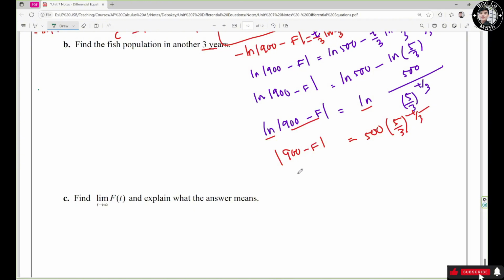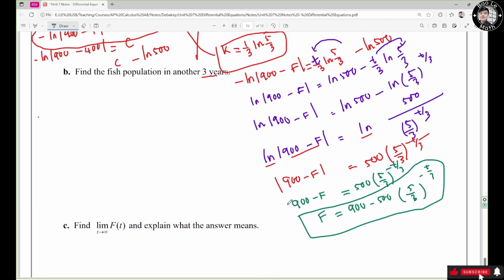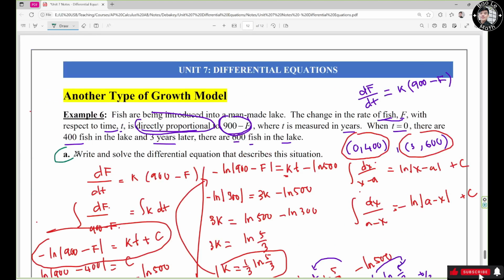So this turns out to be 900 minus f without the absolute value sign. It's going to be 500 times 5 over 3 raised to the negative t over 3. So the equation becomes f equals 900 minus 500 times 5 over 3 raised to the negative t over 3. This one is the final answer for question A.